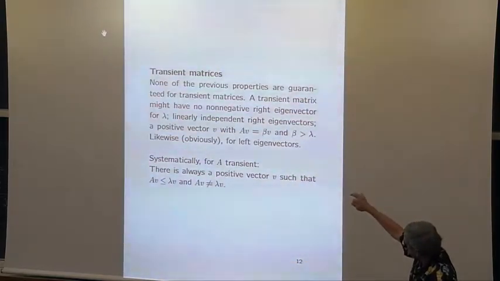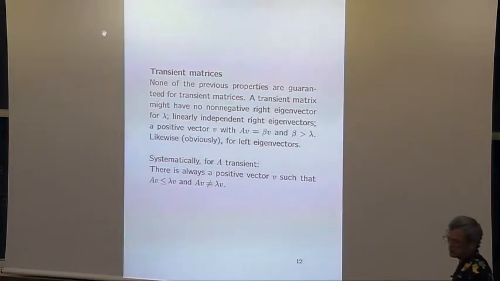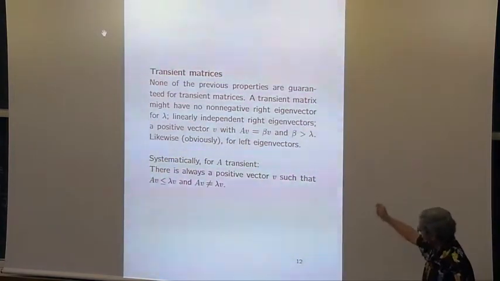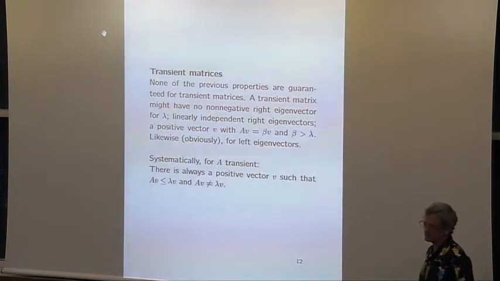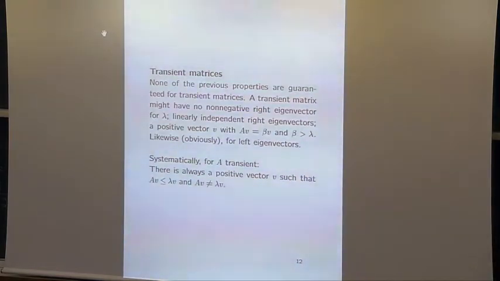So a transient matrix might have no non-negative right eigenvector for lambda at all. It might have linearly independent right eigenvectors. That's kind of nasty. It could have a positive vector which is an eigenvector for an eigenvalue which is bigger than the Perron value. That sounds pretty weird, but we'll see an example where you can kind of see how that happens. So these things can't happen in the recurrent case.